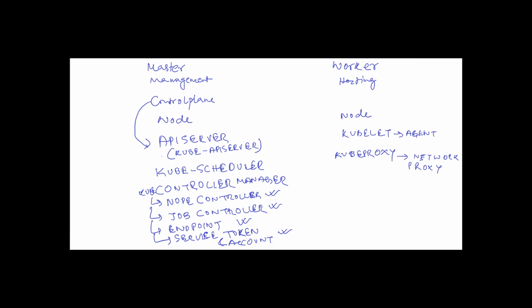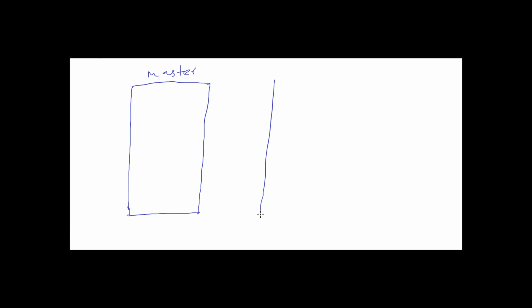Now we will draw the interaction between components, which will make it more clear. So here we have a master node, and we have the worker node.